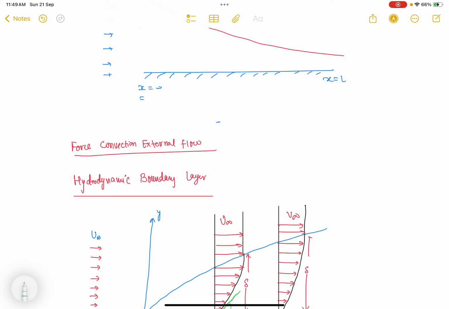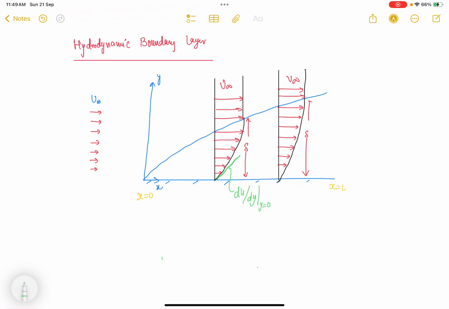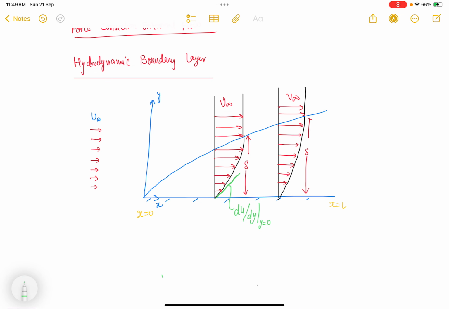So before going into the convection, we should have some background about the fluid mechanics. So let me give you some background about the fluid mechanics here, about the hydrodynamic boundary layer. So first of all, let's jot down the assumptions here about this hydrodynamic boundary layer development, that is incompressible flow.